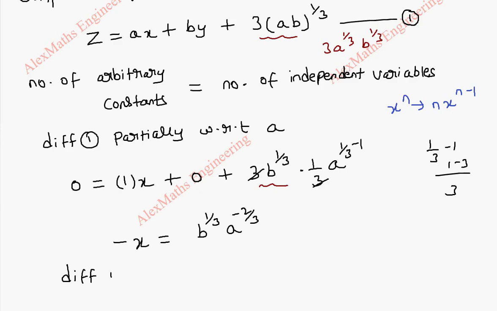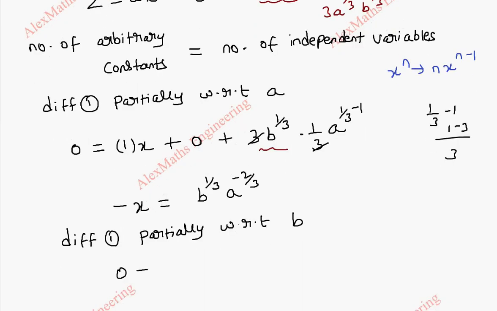Now differentiation of 1 partially with respect to the constant b. So z differentiation is 0, ax is fully 0, b is 1, y is written as it is. Now 3a power 1 by 3 is kept as it is, and the differentiation of b power 1 by 3 is 1 by 3, b power 1 by 3 minus 1 is minus 2 by 3.